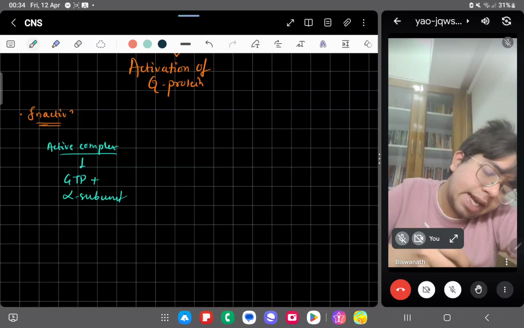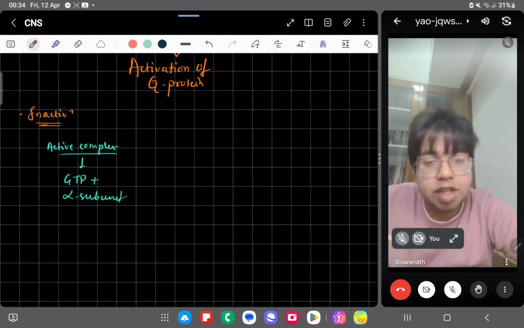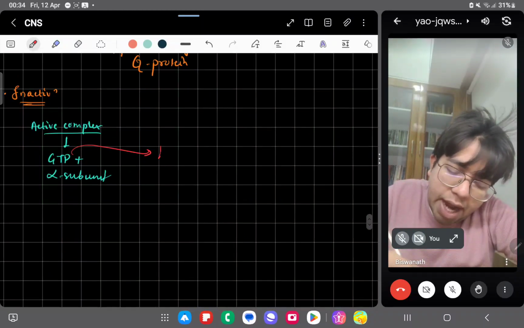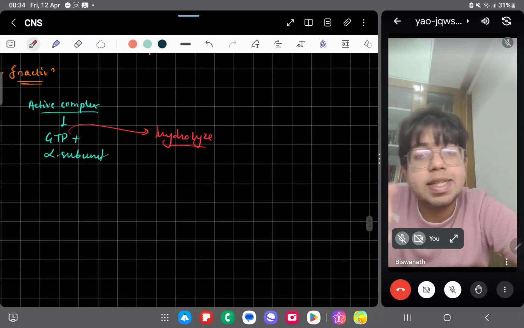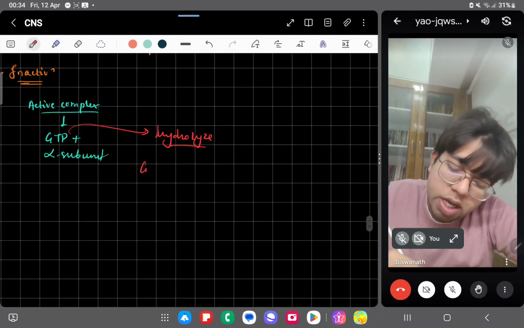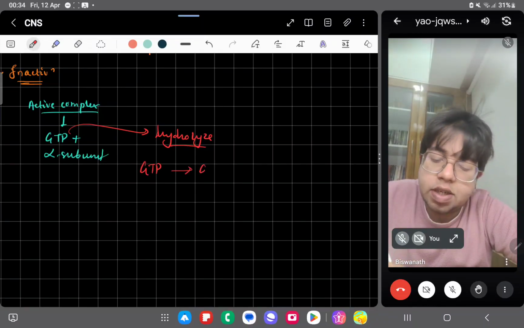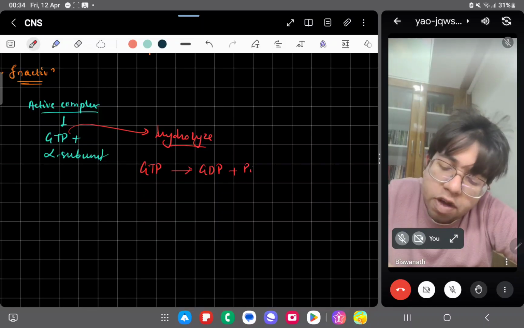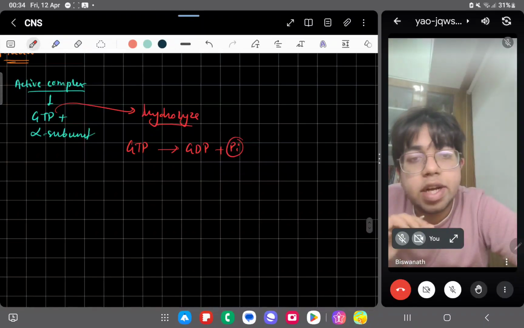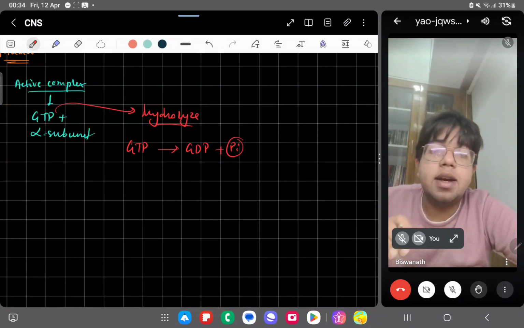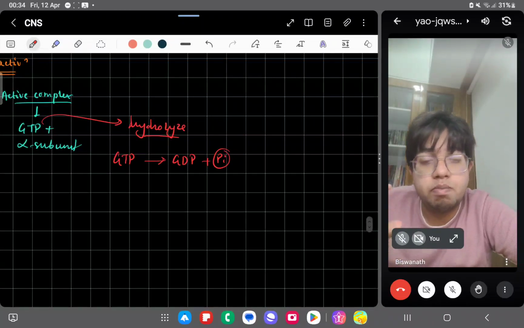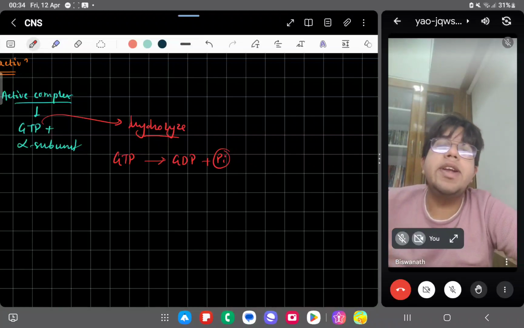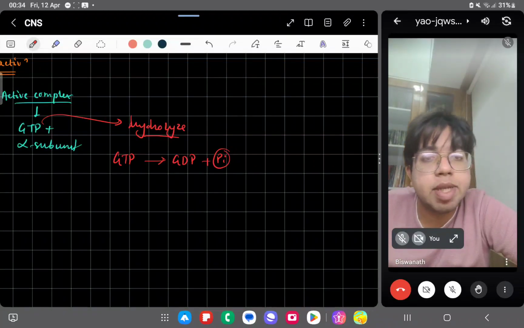In this active complex, if inactivation is to occur, then this GTP will hydrolyze. GTP hydrolyzes to GDP plus inorganic phosphate, right? This inorganic phosphate is released, and this alpha subunit will release the target protein in activating the second messenger system.